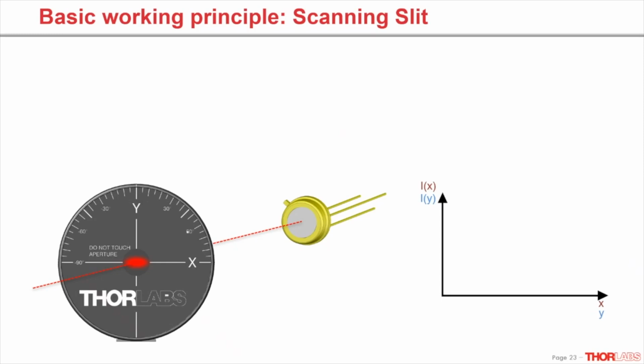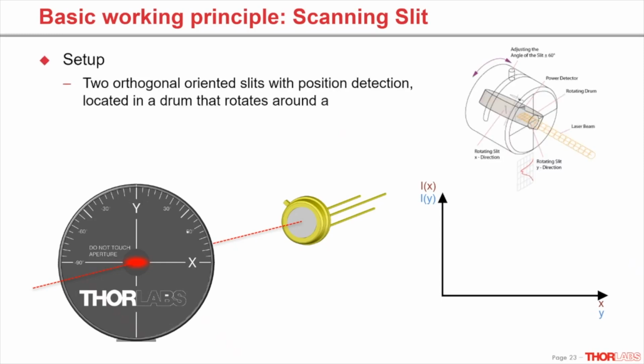A scanning slit beam profiler consists of a drum with two or more orthogonally oriented slits. This drum rotates around a photodetector, whereby the slits are crossing the beam path.